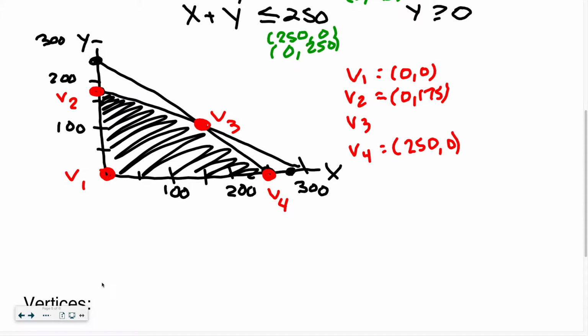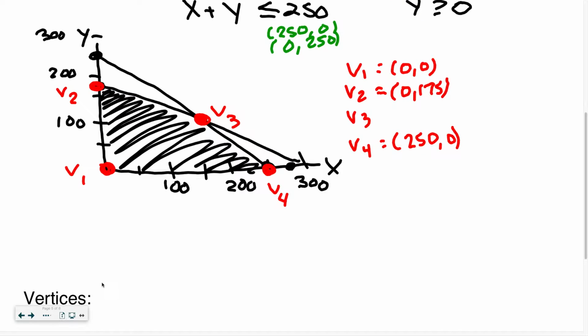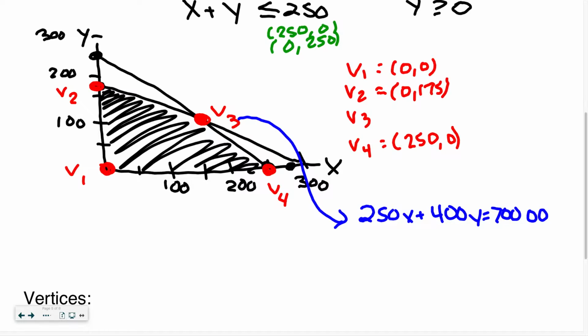Okay, so I'm talking about V sub 3 right now. This is the intersection of the two lines. So I'm going to say, was it 250x plus 400y equals 70,000? Okay. And the other one is x plus y equals 250, but I'm going to solve by elimination. So I'm going to multiply that equation by negative 250.